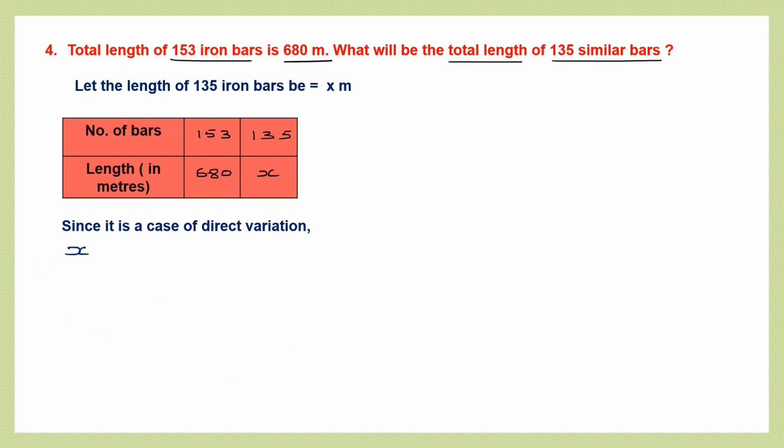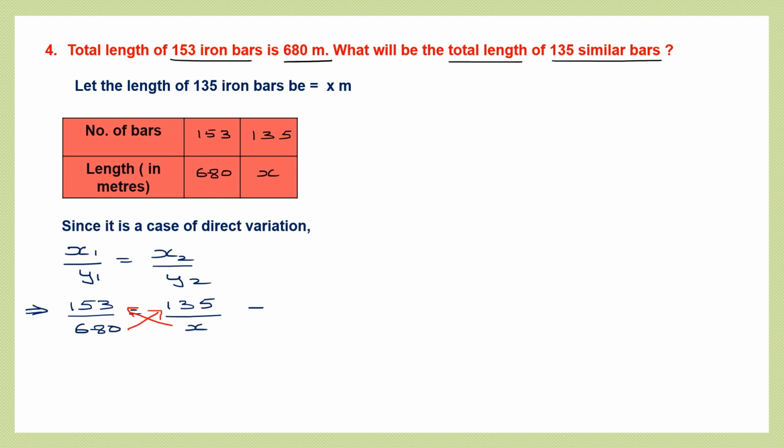So this is division this time. X1 by y1 is equal to x2 by y2. And what is x1? x1 is 153, y1 is 680, and this is equal to x2, which is 135, and y2, which is x.